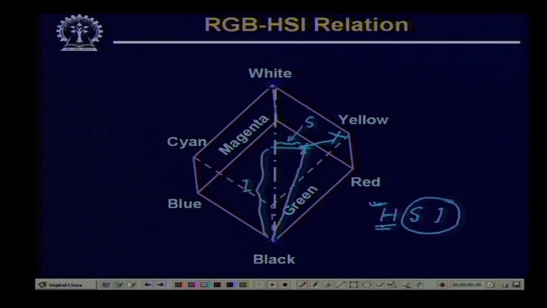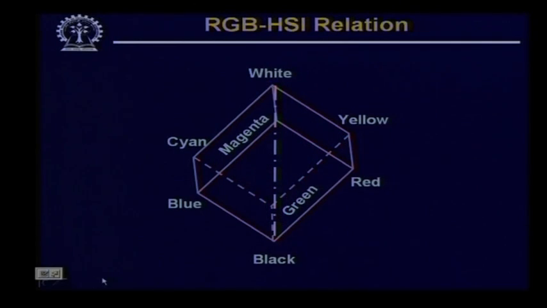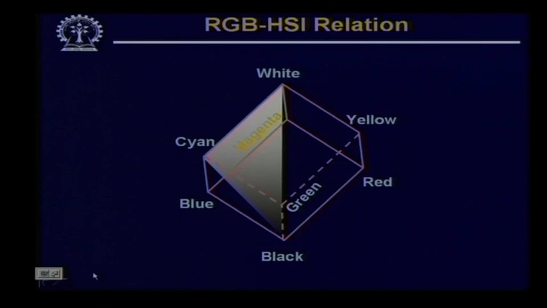Now, in this diagram, we have shown a plane passing through the points black, white and cyan. As we said, the line joining black and white is the intensity axis. So, intensity at point black is equal to 0 and intensity at point white is maximum, that is equal to 1.